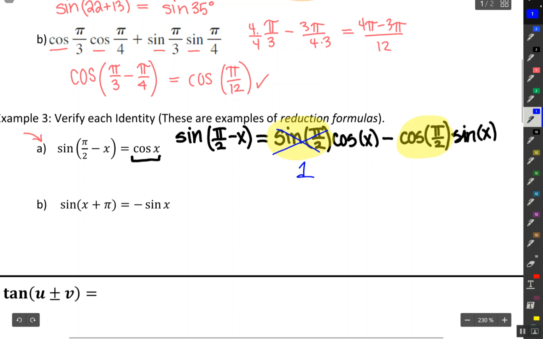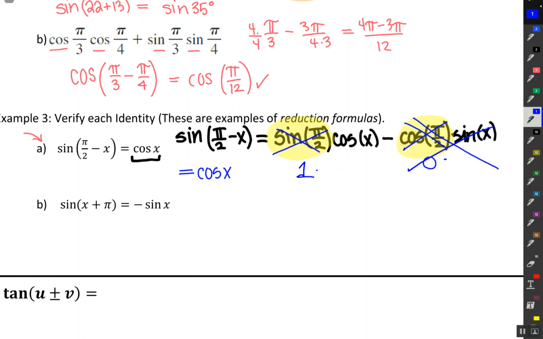The cosine of pi over 2 is 0. So multiplying this by 0 is basically going to make this entire thing go away. And so we just have 1 times the cosine, which is just cosine of x. And it follows through.